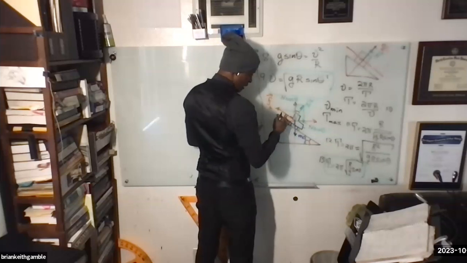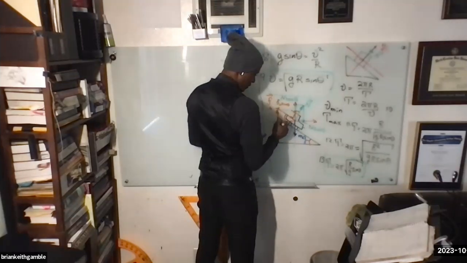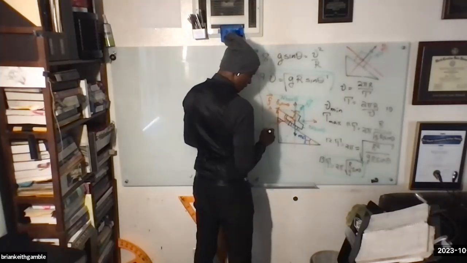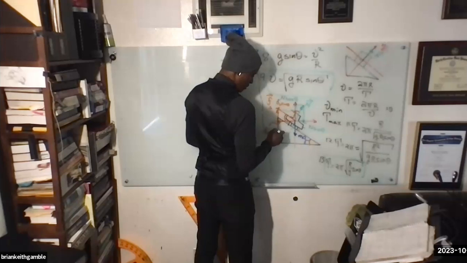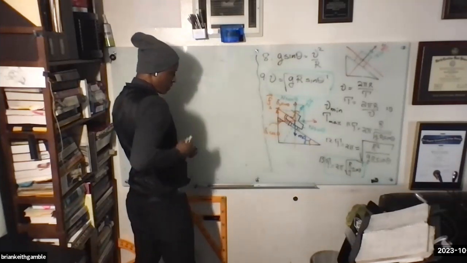Because this is theta, so that's the opposite side over here. That guy, fs sine of theta, and then we have this guy here is fs cosine of theta. That starts to get a little bit interesting.